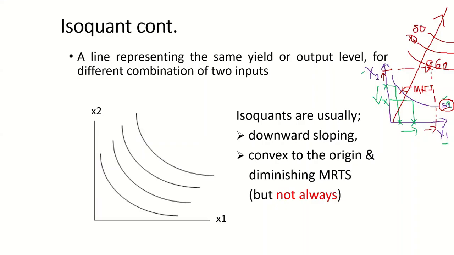One fertilizer can be substituted by the other. They are not perfect substitutes. Nitrogen and potash serve different purposes. They are substitutable, but not perfect substitutes. Perfect substitutes, never. That's why this is a curve and not a straight line. But don't worry about that.